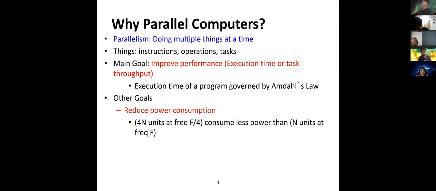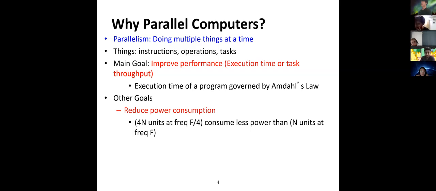There are other goals that are especially important right now. They were less important in the 70s, 80s, 90s. Up until the mid-2000s, it was not the major limiting factor, but now it is. It's power consumption. One trick here is that the dependency is not very linear.